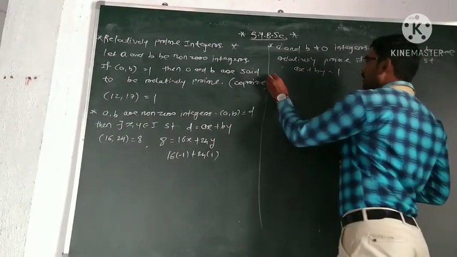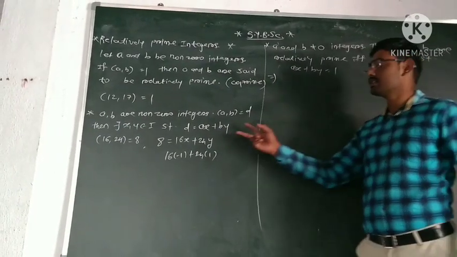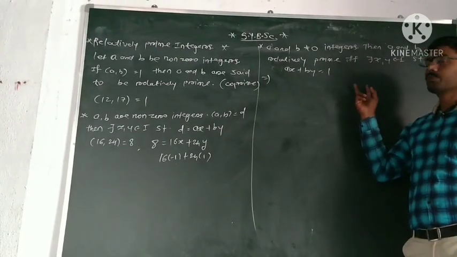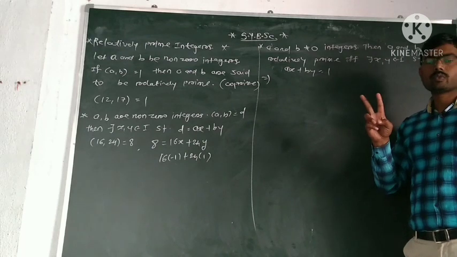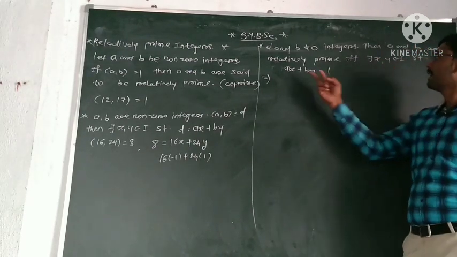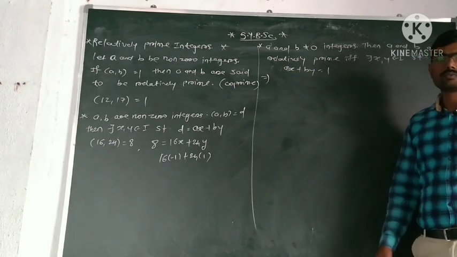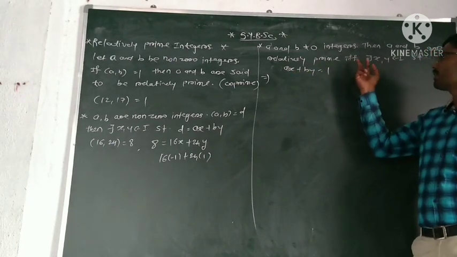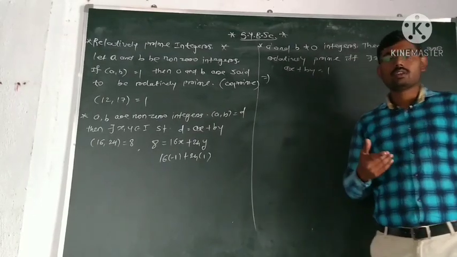This is one theorem based on this remark. What does the theorem say? The integers a and b are co-prime if and only if we can find x and y such that ax plus by is equal to 1. It is an if and only if statement, so we have to prove both parts.